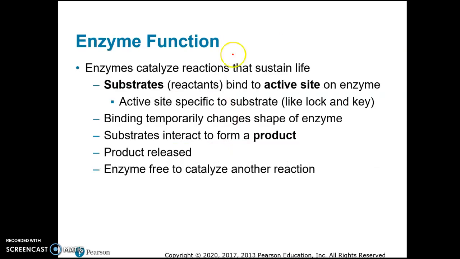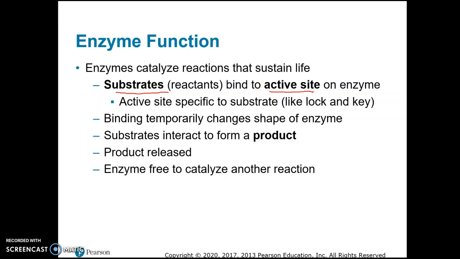Enzyme function, remember that enzymes are protein catalysts, so they help to speed up the chemical reactions that occur in the body. The chemicals that the enzymes react with are called substrates. So they're the reactants in the chemical equation. And what they do is the substrates bind to a place on the enzyme called the active site.